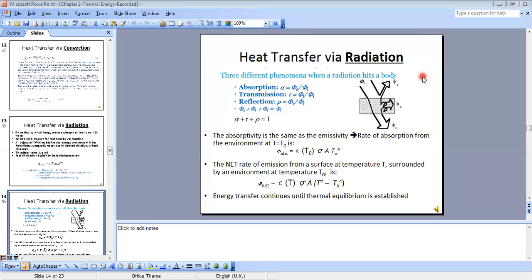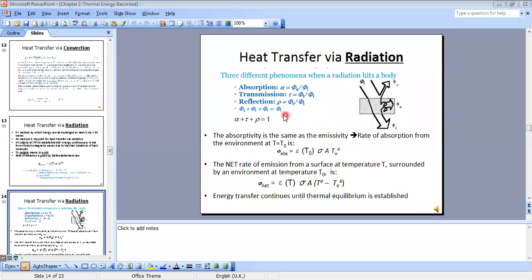This is why we will see that in the formula of radiation, the emissivity coefficient in general is equal to the absorption coefficient. And the absorption coefficient is found by the ratio of the absorbed flux over the incident flux, while the transmission ratio is the transmitted flux over the total flux, and the reflected portion rho is the reflected flux over the total flux.